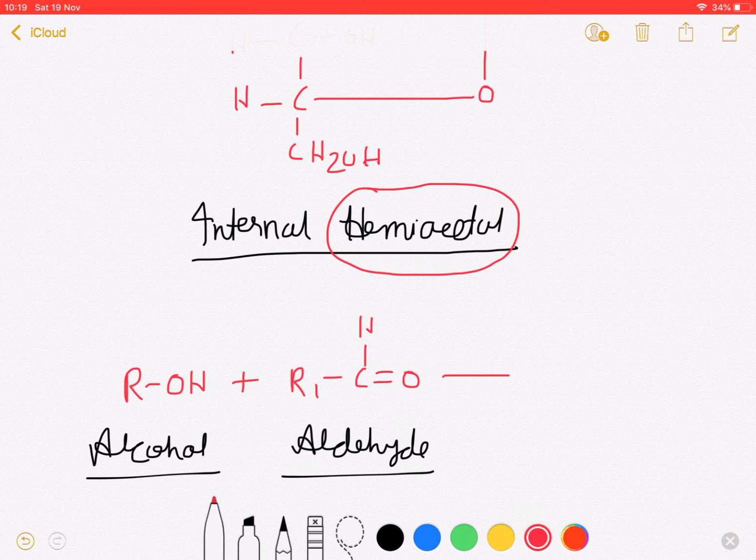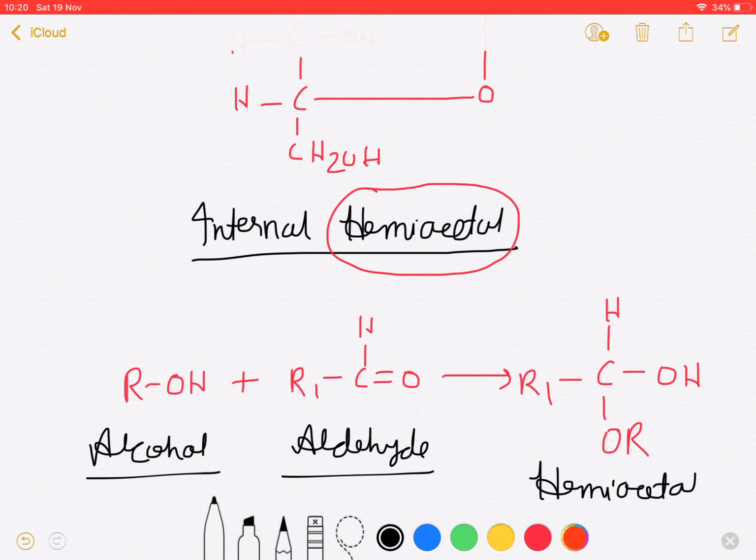So when an alcohol and aldehyde react with each other, the formation of hemiacetal takes place. So how does hemiacetal look? Hemiacetal looks like this. This is hemiacetal.